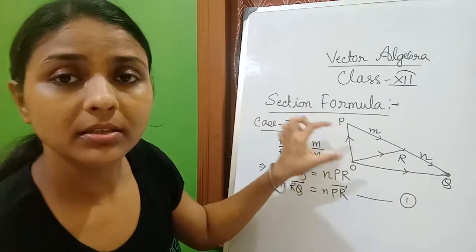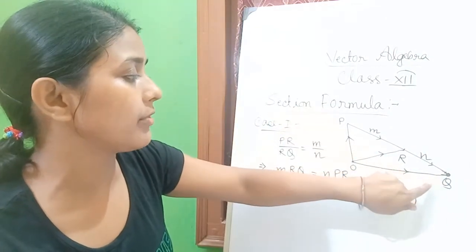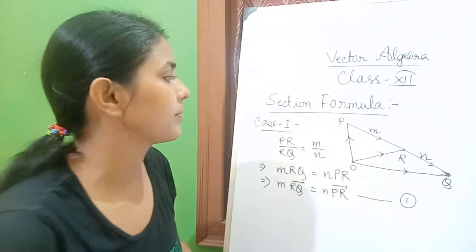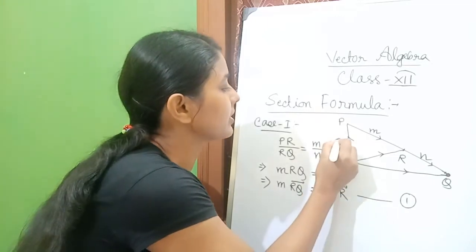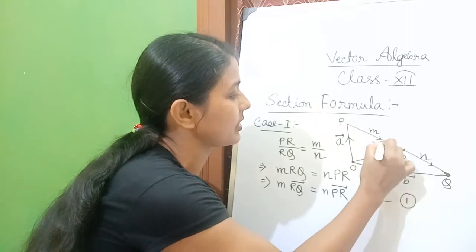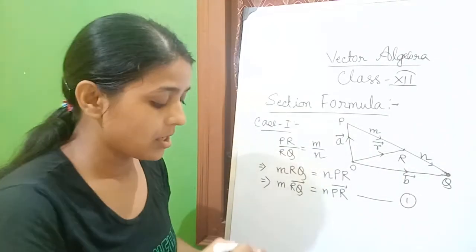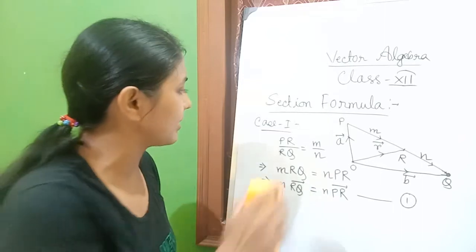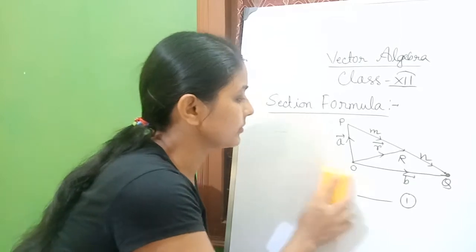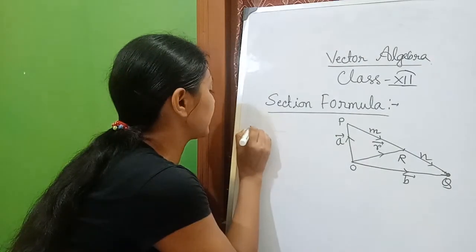OP vector is the position vector of P, OQ vector is the position vector of Q, and OR vector is the position vector of R. I'm giving this the name A vector, this B vector, and this one R vector. So we need to find R vector's value. I hope you have all noted it down.